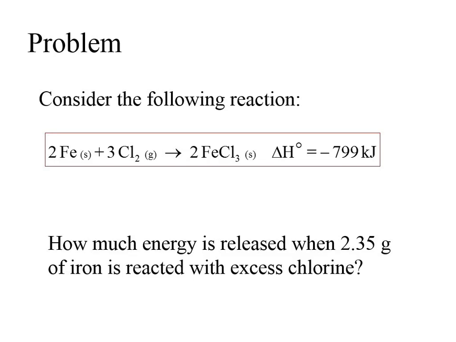Okay? So we're going to work a problem, and I'll go ahead and write it underneath here. How much energy, so I'll put question mark energy over there. How much energy is released when you have 2.35 grams of iron? That's the question. Okay.